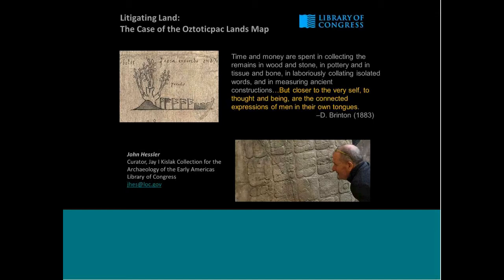Before that time, the Maya languages and a few of the other Mesoamerican languages had a much longer time period in the area. So there's a certain borrowing that took place, and many of the things that we see on this map and in the Nahua codices are regionalisms that are different across different areas of the Nahua-speaking region.